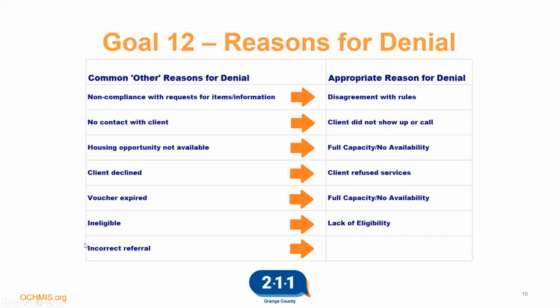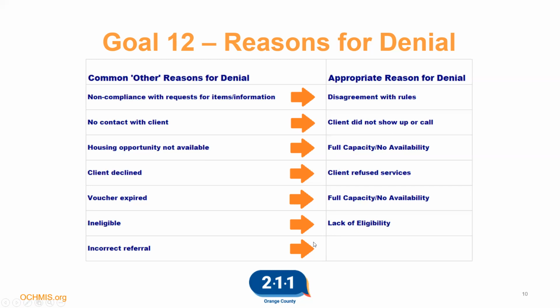There's also a bunch that said incorrect referral, and this depends on why it was incorrect. If the client was ineligible, obviously it should go under lack of eligibility. If it's just a data entry thing, like the user chose this program but they should have chosen this other program, that incorrect referral should be deleted because it didn't really occur.